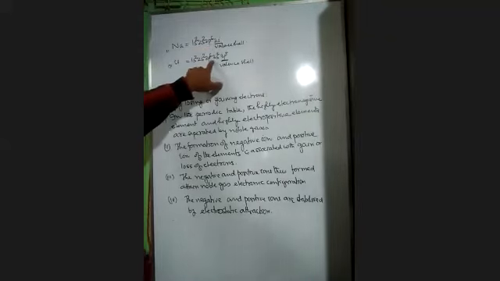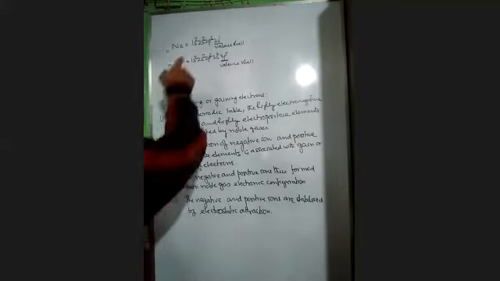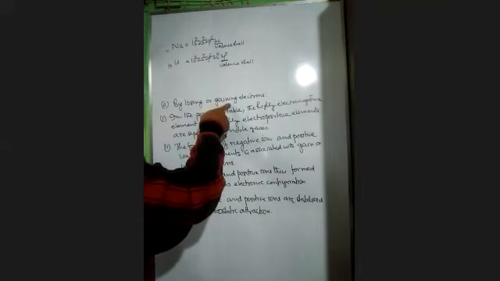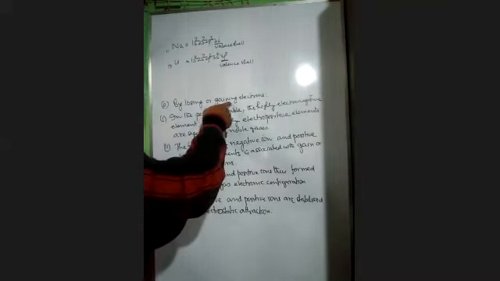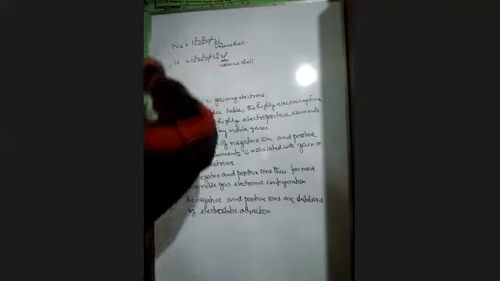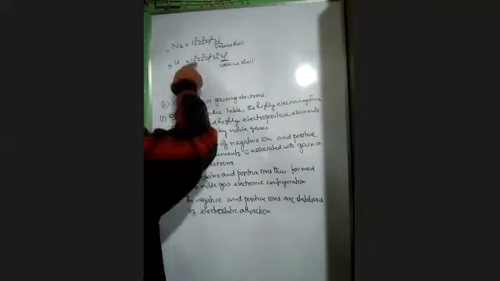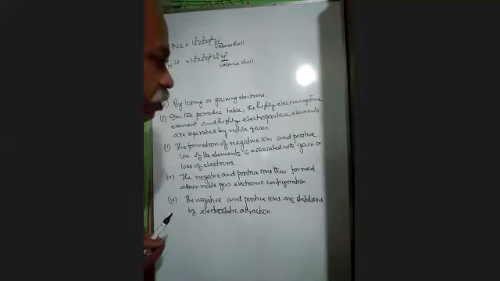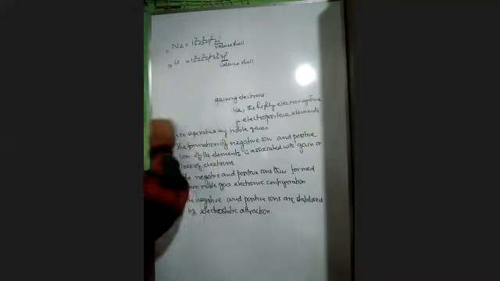And in this case is one electron short of the octet configuration. So in this case, sodium is going to lose and the chlorine is going to gain. Why? Because sodium is electropositive, they have a tendency to lose electron, and chlorine is electronegative, they have a tendency to gain electron.